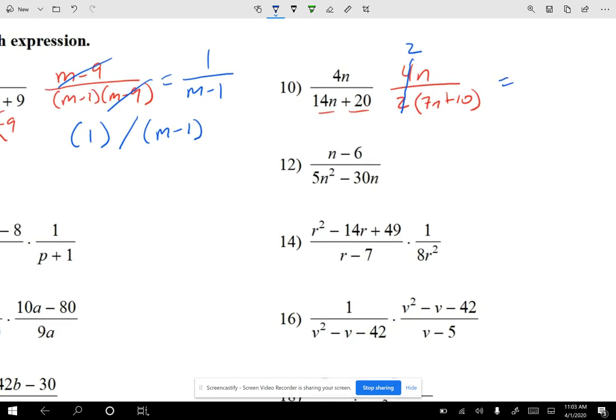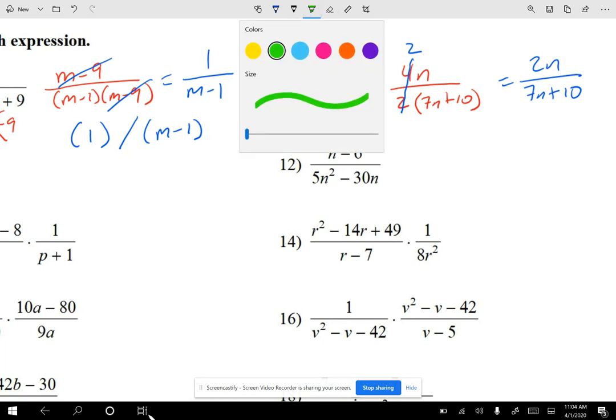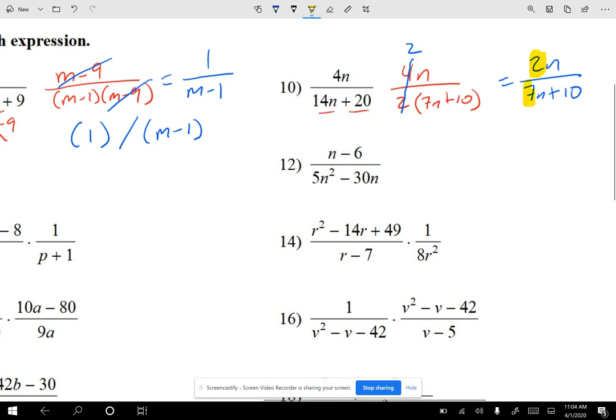So on the top, I have 2n. At the bottom, I have 7n plus 10. You can simplify more only if all these numbers can be divided by the same thing. Keep in mind, I'm saying all of them, not just any two, all of them. In this case, because we cannot, that's my answer. So the way I will type this will be 2n over 7n plus 10.